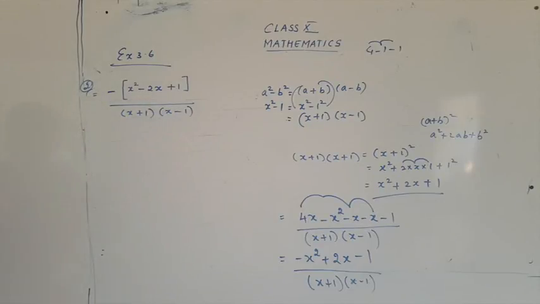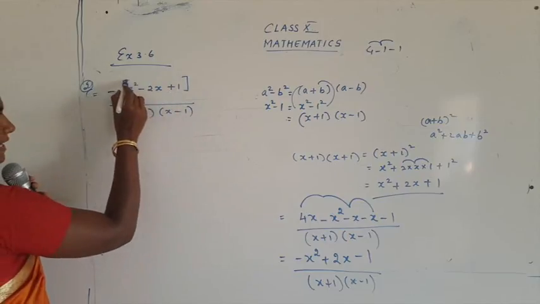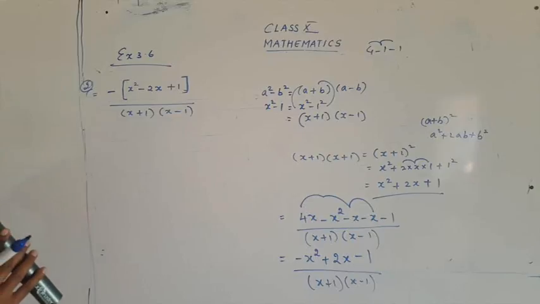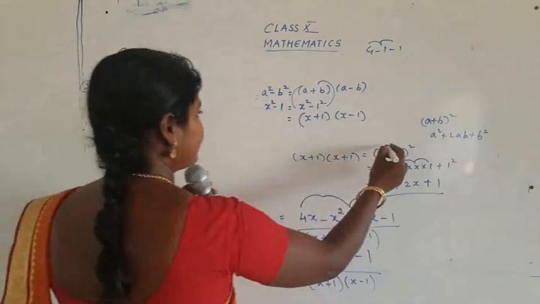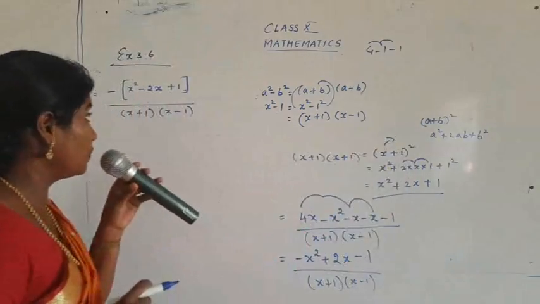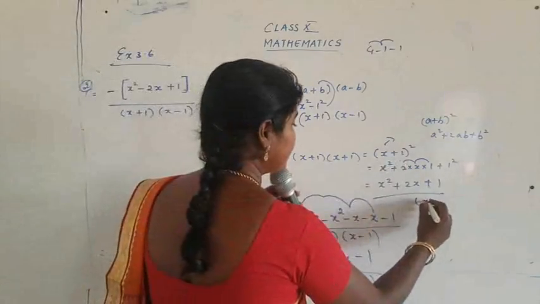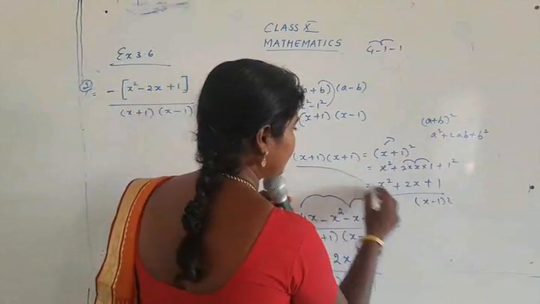Now let's focus on the bracket part over here. In the rough part you have already expanded x plus 1 the whole square. Yes, children. When you expand x plus 1 the whole square, you get x square plus 2x plus 1. Similarly, if you expand x minus 1 the whole square, what do you get?